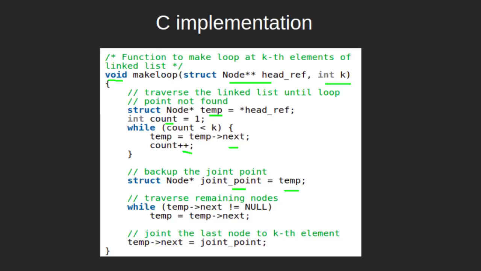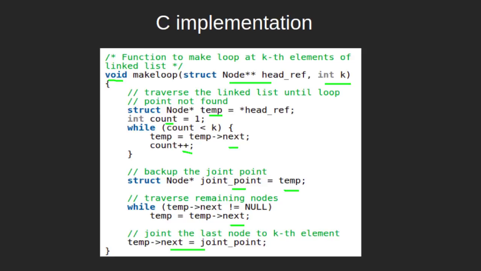After taking the backup of the temp pointer, we will traverse the remaining linked list using temp till the end of the linked list. After this traversal, temp will point to the last node. We will then update next of temp with joint underscore point, which points to the kth node of the linked list. So this will join the last node with the kth node, resulting in the formation of a loop at the kth position.